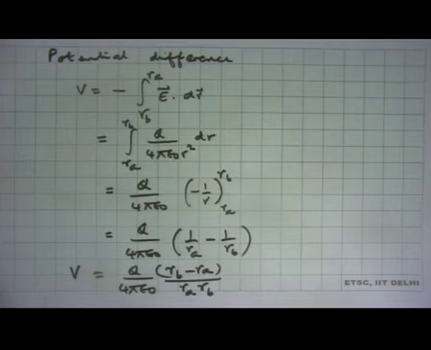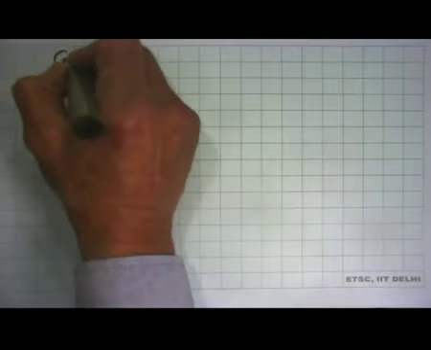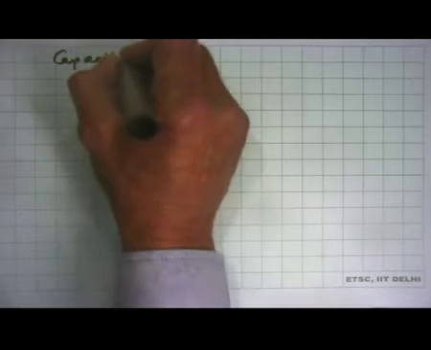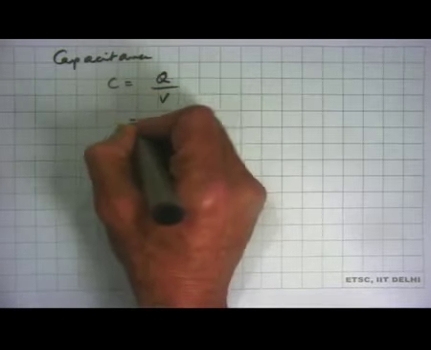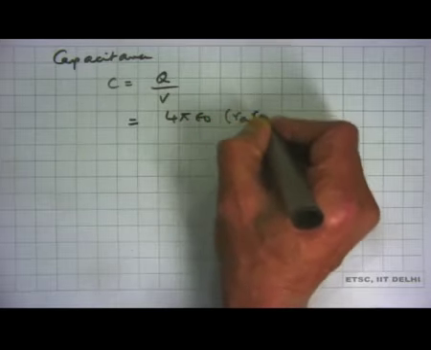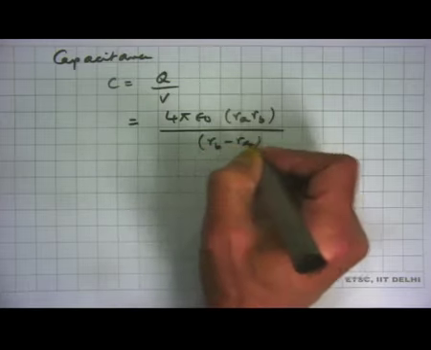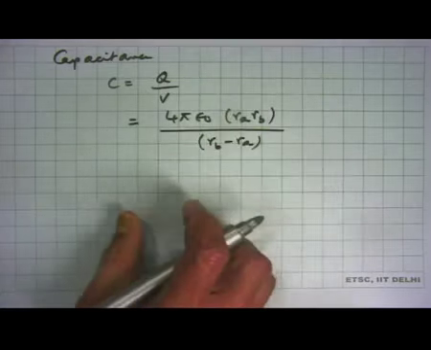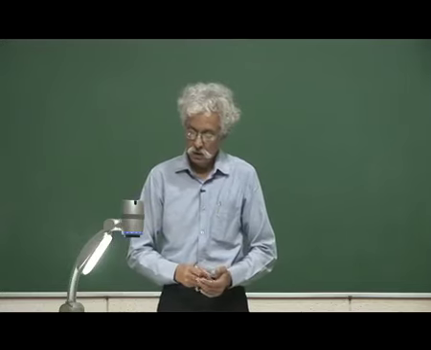So, that is the potential difference between the inner and outer conductors. Capital Q is the charge carried by the conductors. So, the capacitance of this device, C is equal to Q by V, which is equal to 4 pi epsilon 0 R A R B by R B minus R A. So, that is the capacitance of this spherical capacitor.